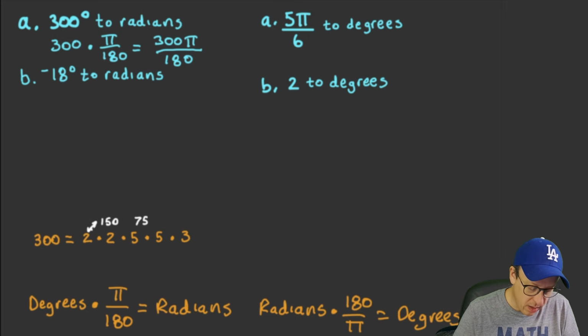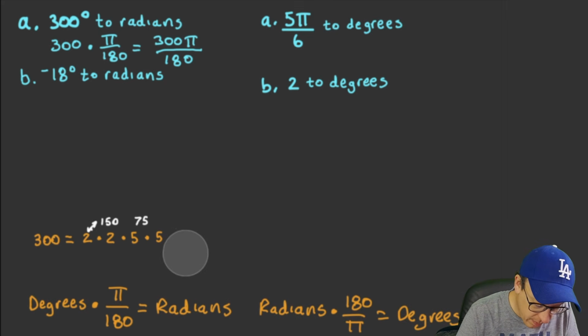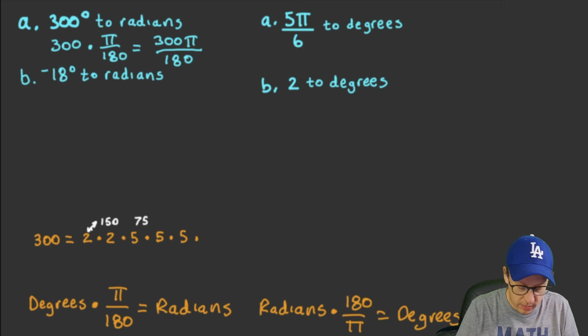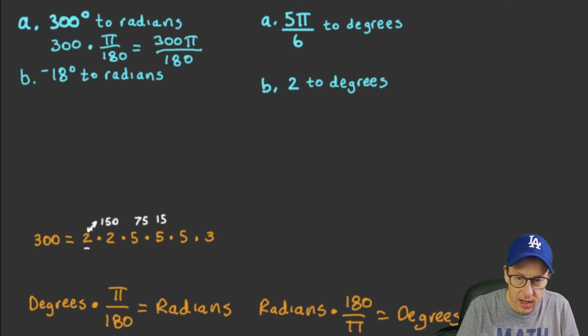So those values multiplied times each other are, no, I messed up. I missed a 5. Sorry about that. So this is going to be 5 times 15 times 3. And then 150 times 2 is going to give us 300. Then we want to make 150. Well, we multiply 75 times 2 to give us 150. To get 15, 5 times 3 is equal to 15. All right, hopefully that makes sense. If it doesn't, tell me it doesn't make sense.